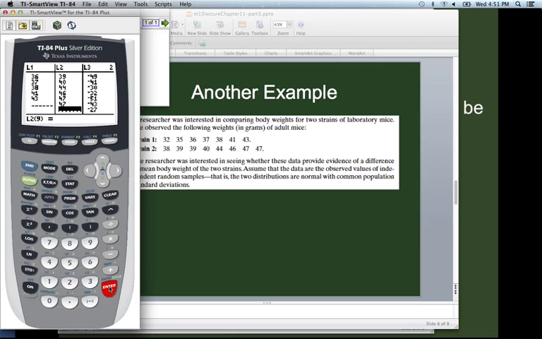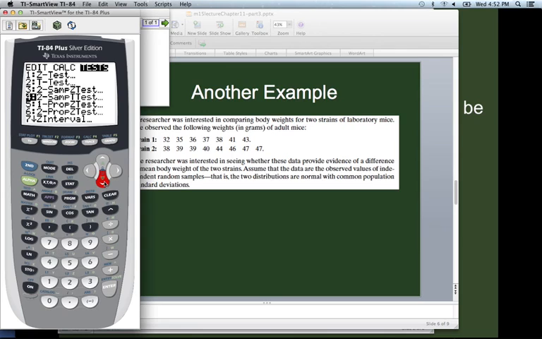Okay. Now, as with many of the other statistical processes, this one's built into the calculator as well. So if you go to Stat, you go to Tests, you scroll down a little bit, you will find two-sample t-interval.